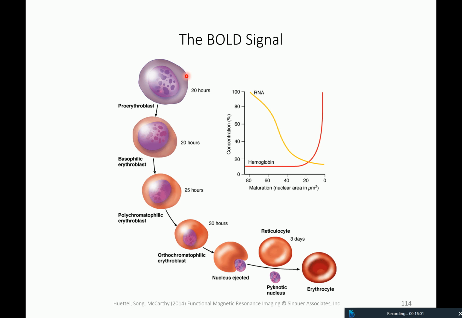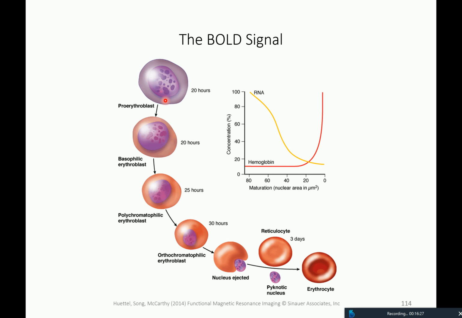And this just shows the development of erythrocytes, which are kind of special cells in the human body because they eject their cell nucleus. So they start when being developed in the bone marrow, in Knochenmark.